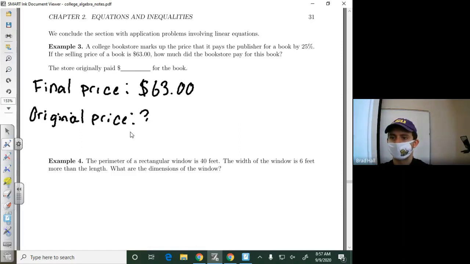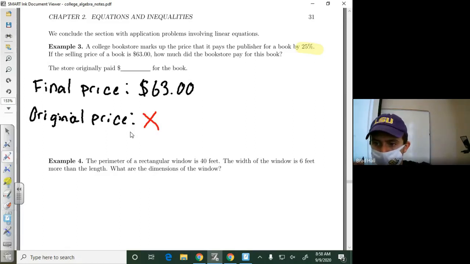As in, what was the price that the publisher sold it to the bookstore before the bookstore went ahead and upped the price by 25%? So we're going to turn this into an algebra problem. Because naturally, with question marks in algebra, what that really means is x.